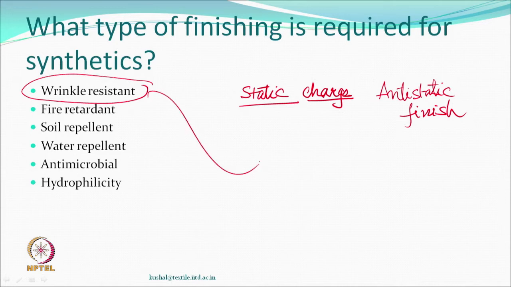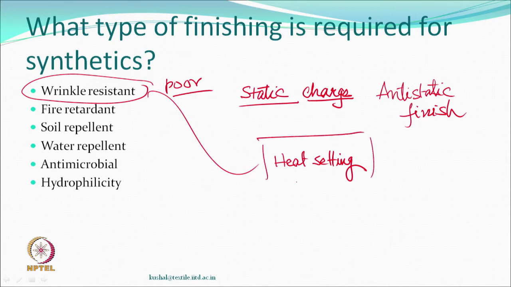Then we talked about wrinkle resistance. If we do not give this treatment which we call heat setting, then this wrinkle resistance will be poor. But if we give heat setting, then this wrinkle resistance can improve. So, as such, would you require moth proofing here?